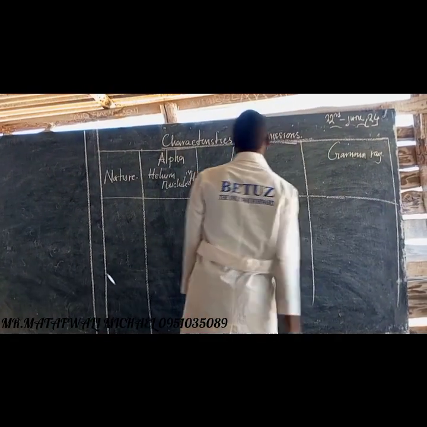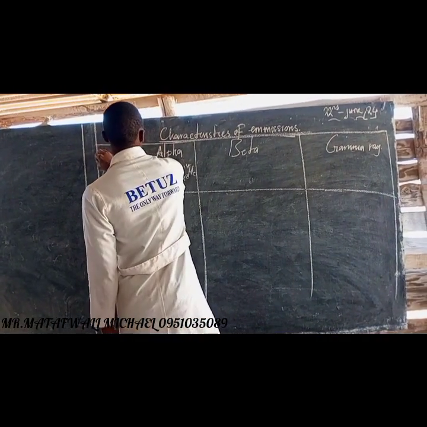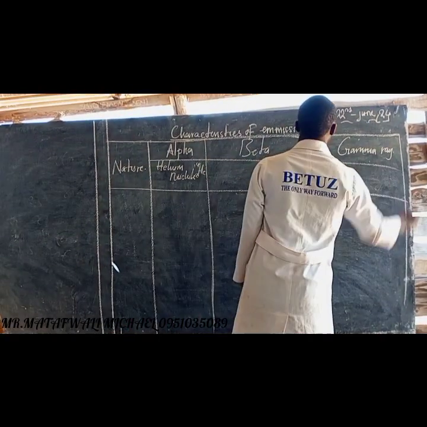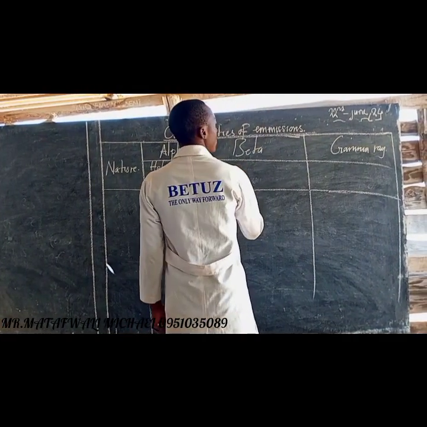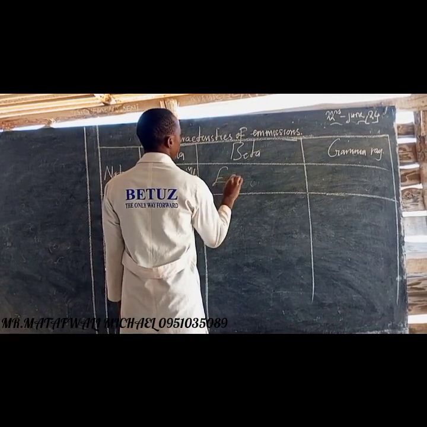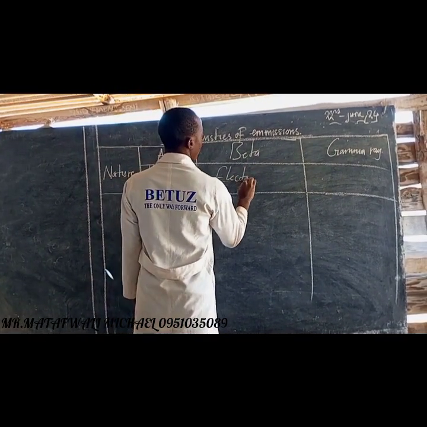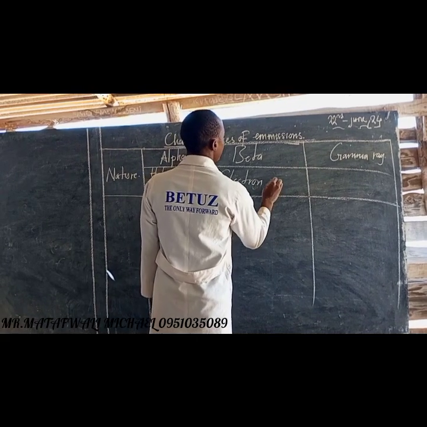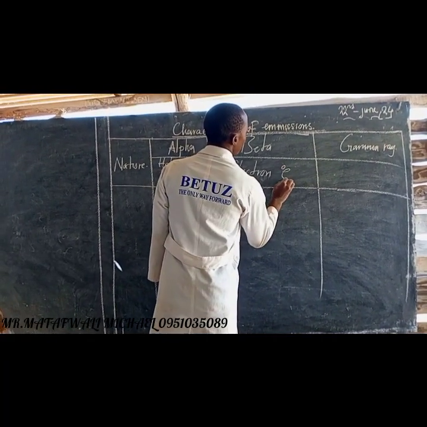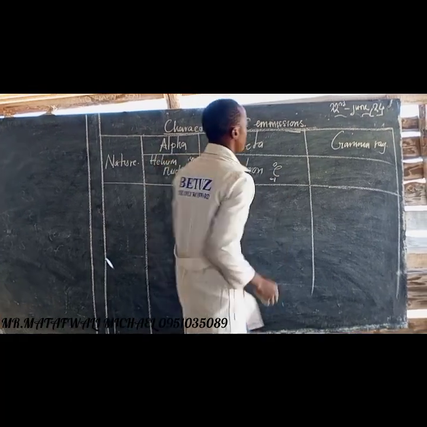Then by nature, what is a beta particle? A beta particle by nature is a fast moving electron, so we are just going to write electron. And the symbol for an electron is 0, -1.